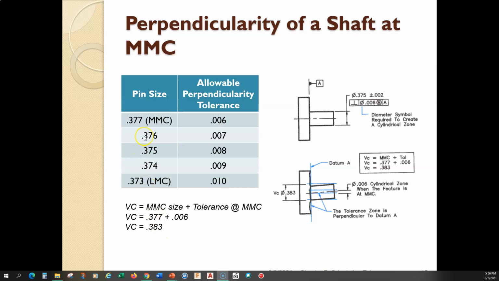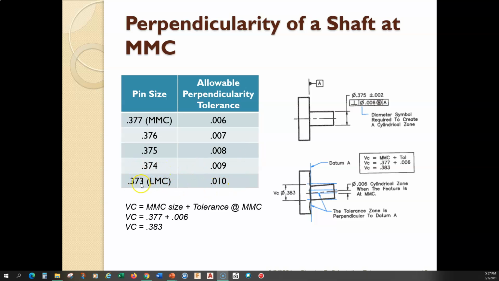Basically what that means is that whatever pin size we make, and remember, we can make a pin that's acceptable between 0.377 inches in diameter and 0.373 inches in diameter, the tolerance has to adjust so that the virtual condition is always 0.383. So 0.377 plus 6 thou equals 0.383. 0.376 plus 7 thou equals 0.383. 0.375 plus 8 thou equals 0.383.